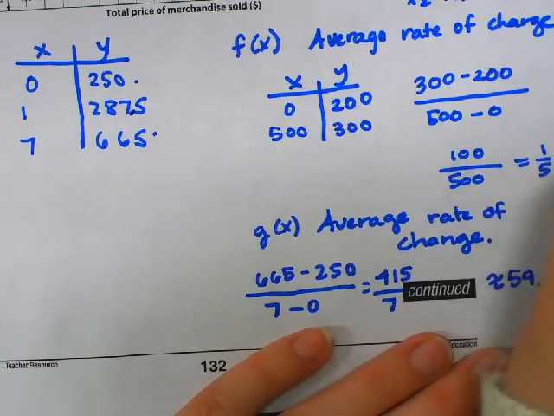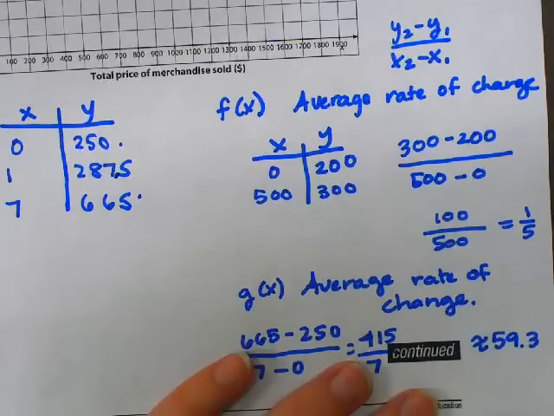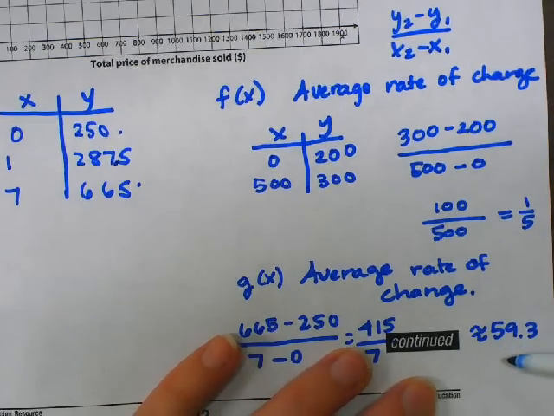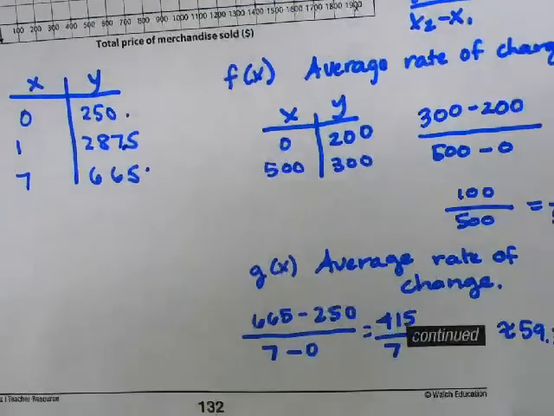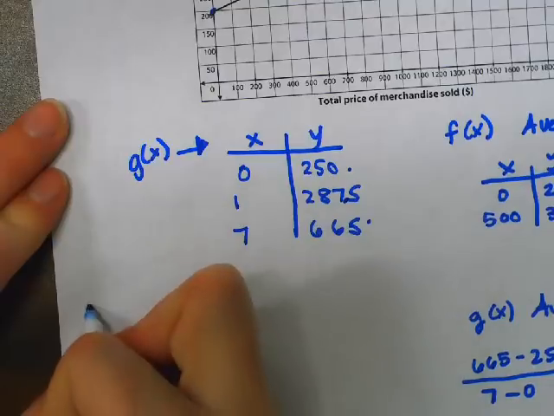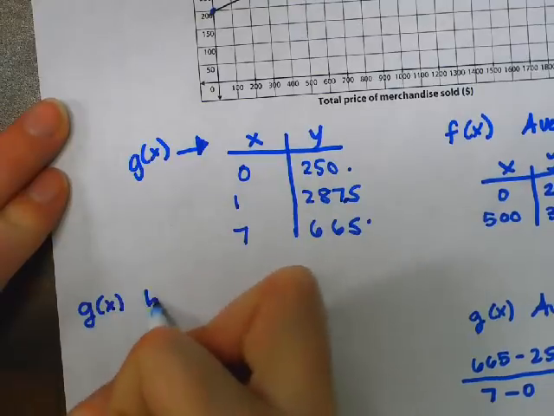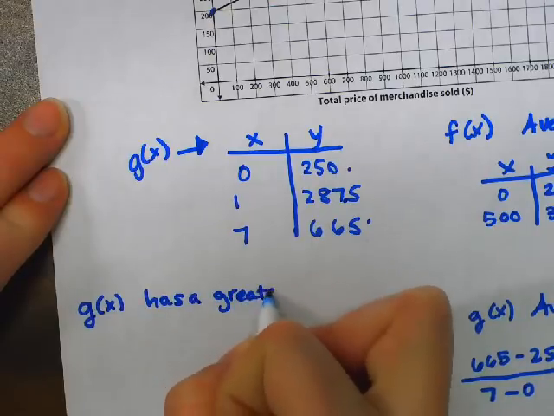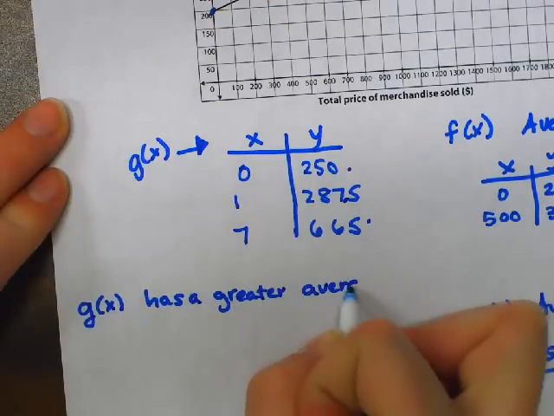Approximately 59.3. Does that look like it's a bigger number than 1/5? It should, because it definitely is. So when I go to compare them, I want to say that g of x has a greater average rate of change.